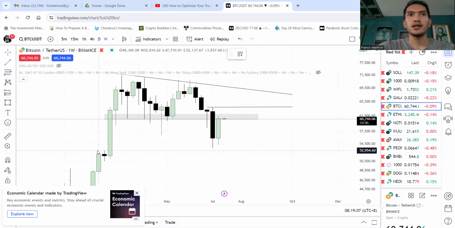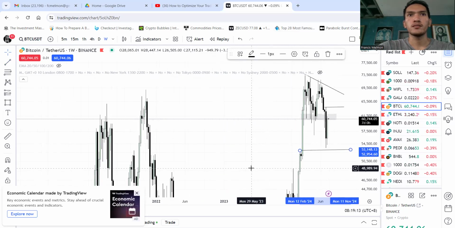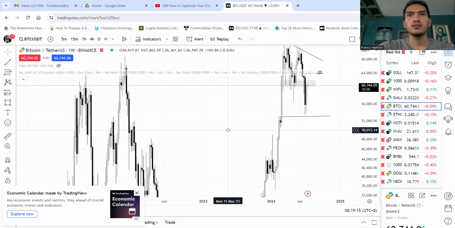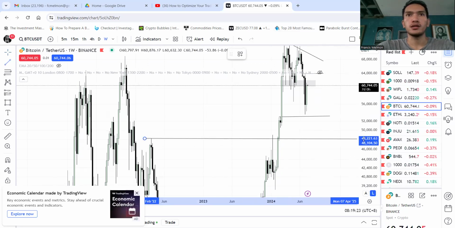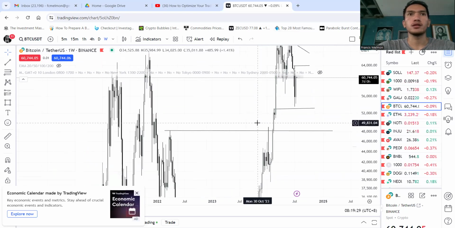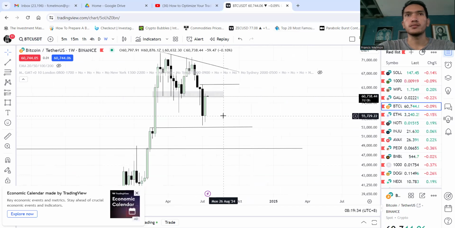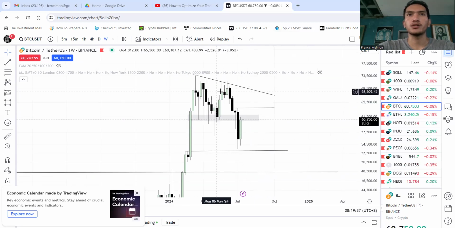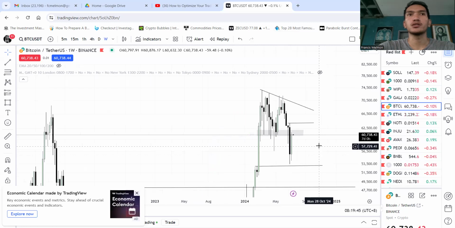We still have an untouched support right here. And worst comes to worst, we might be touching this double support area. That's what I see based on the price action. So we have a short-term down move which we could consider as a consolidation.